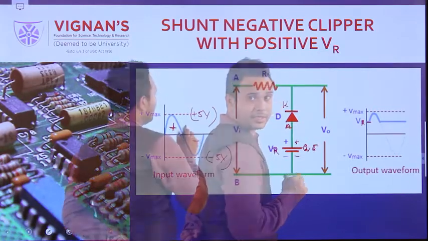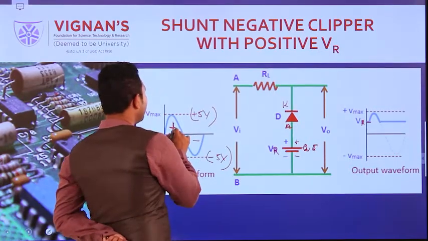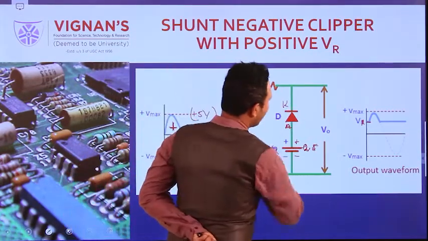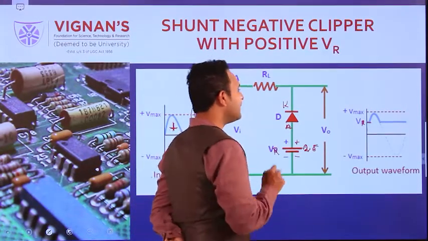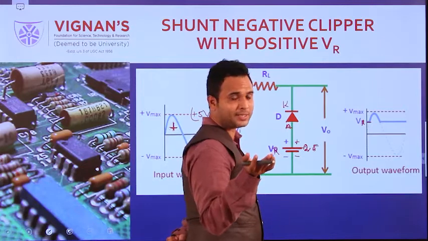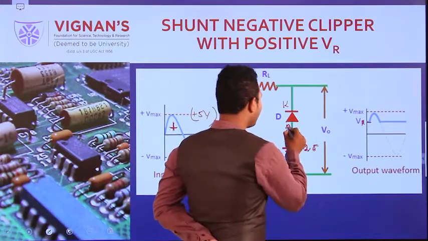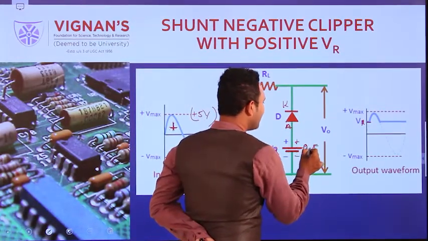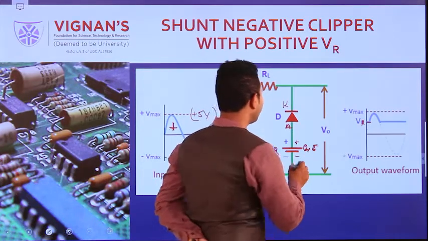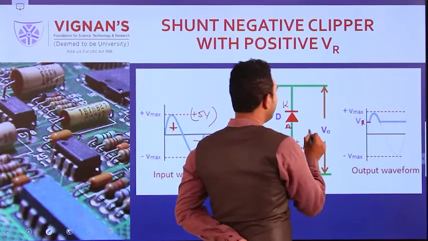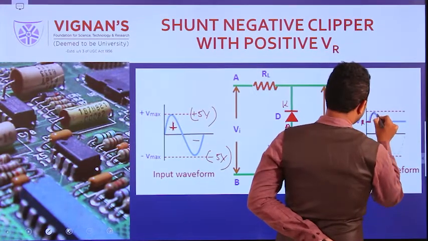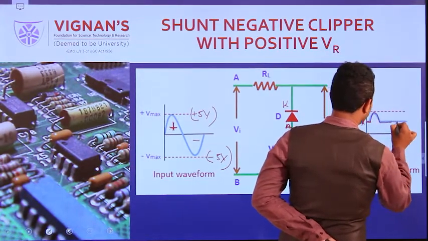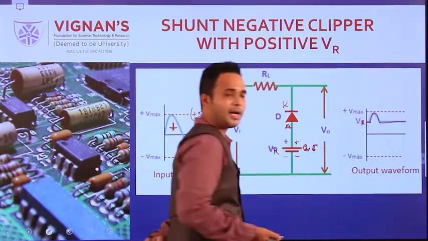When positive is connected to the cathode terminal, the diode is in reverse bias, since the anode is connected to plus 2.5 volts. So after this 2.5 volts, the Vmax will come as output.